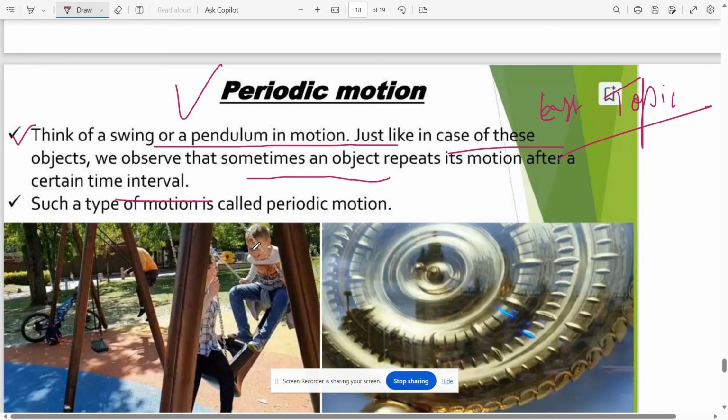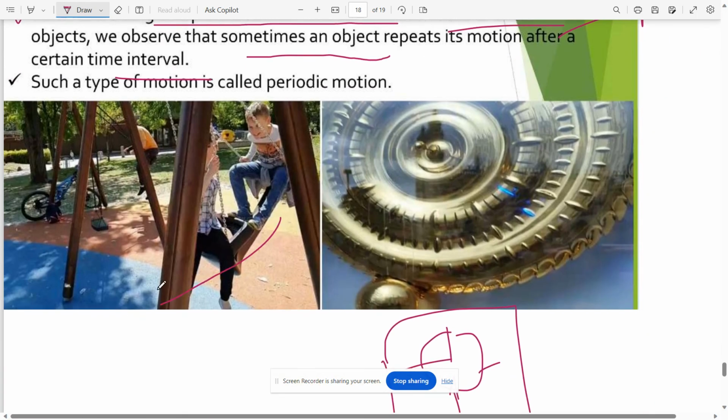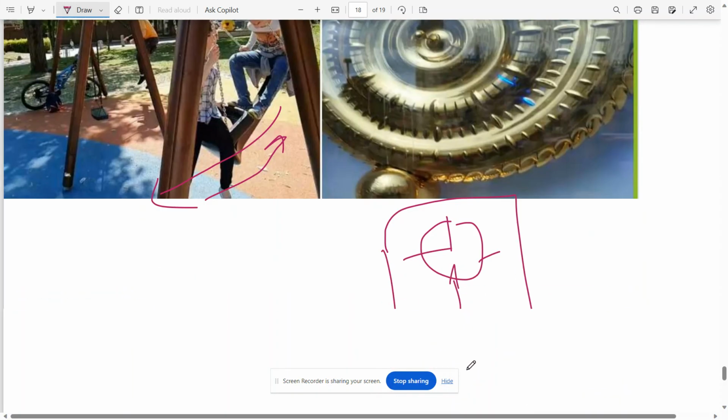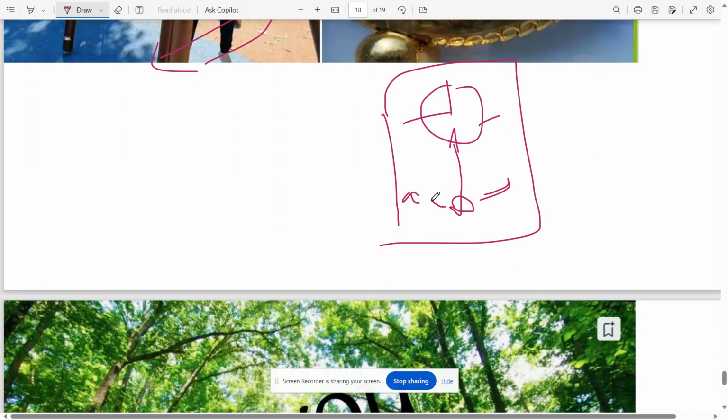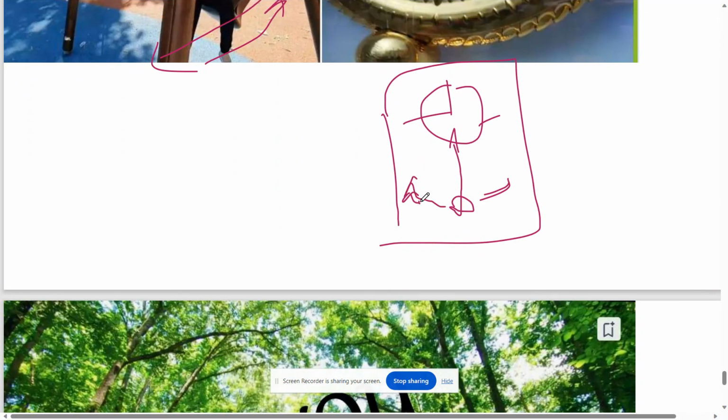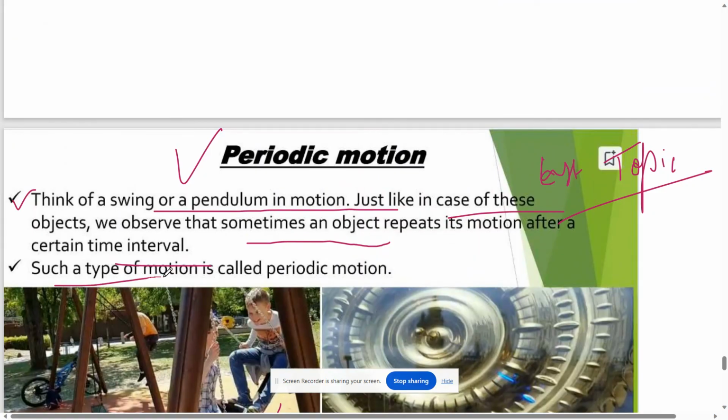If we are swinging, we'll go that side, and we'll go in the opposite direction also, from which we started. In the pendulum also, if the bob is going here, it will go again to its starting point. Such a type of motion is called a periodic motion.